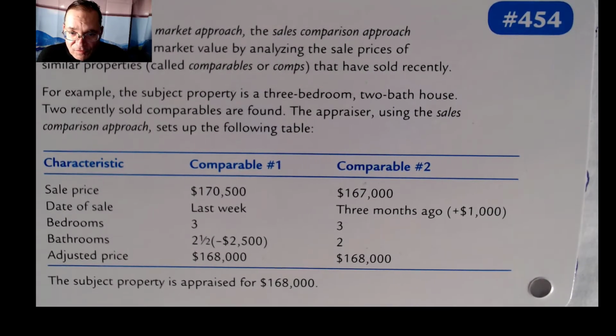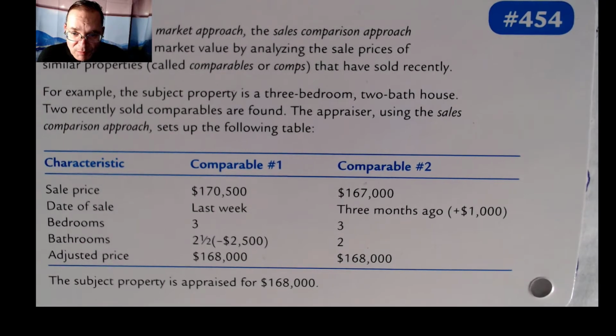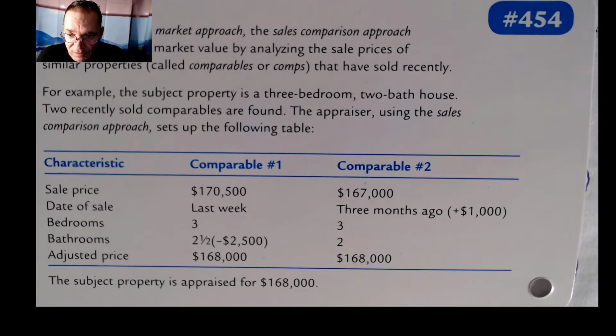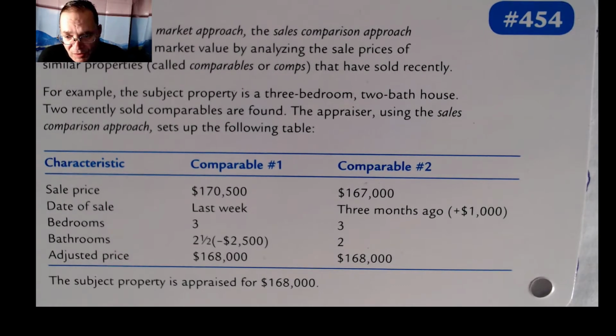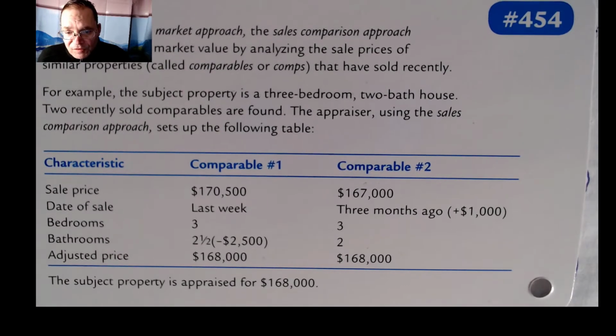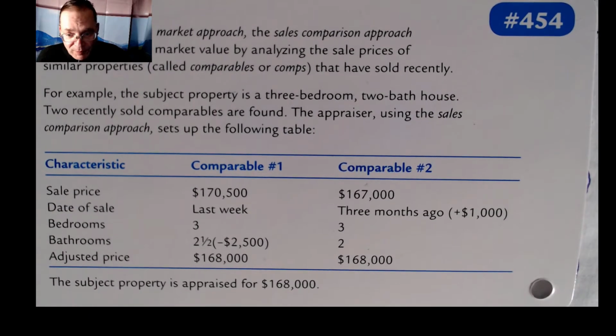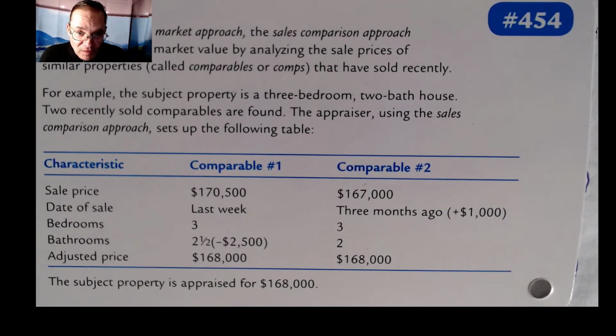The characteristics are the sale price, the date of the sale, which usually has to stay within a close range, maybe 3 months. The similar bedrooms, similar bathrooms, everything has to be somewhat similar. And then there are deductions or add-ons depending on the improvements above the comparables, or if the comparables have improvements above the subject property, so there's pluses and minuses, so to say.